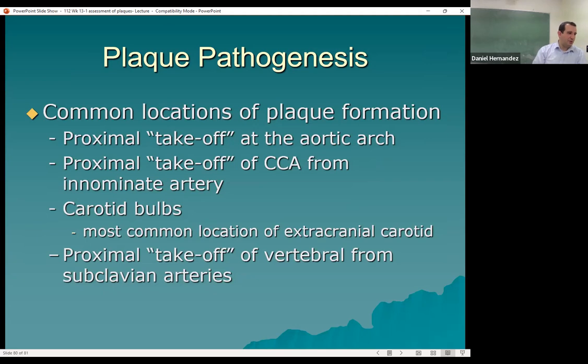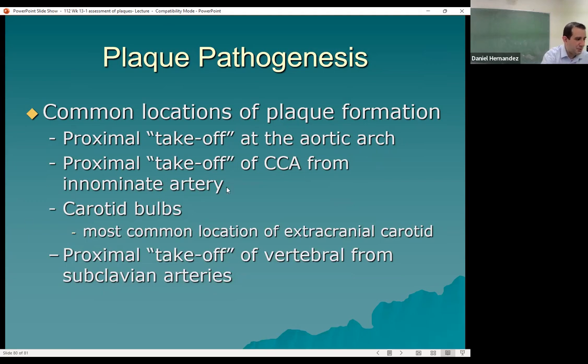So in terms of common locations when we're talking about our carotids, think proximal. Proximal takeoff at the aortic arch, right at the origin of the CCA on the left. On the right, it's right at the takeoff from the innominate for the right CCA.